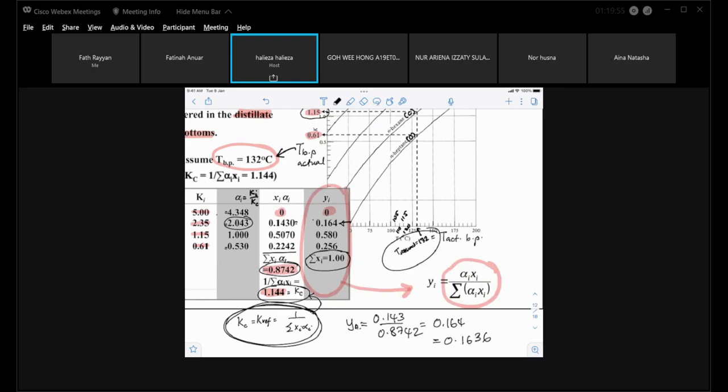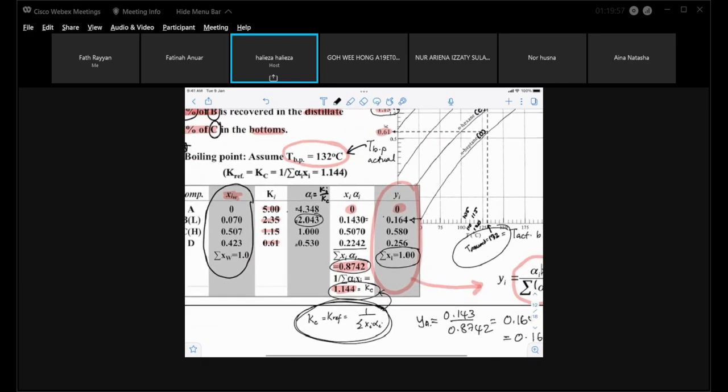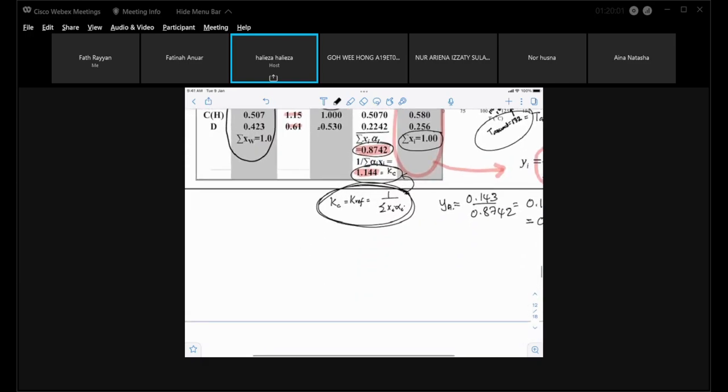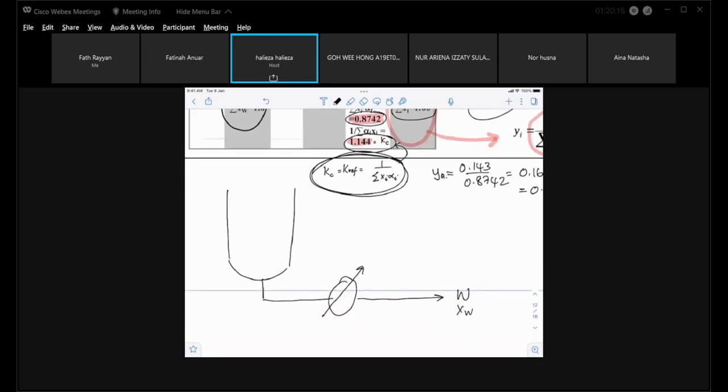Okay, so that Y value is important because it is in equilibrium with your bottom product. When you look at the column, the bottom of the column, this is your reboiler, partial reboiler. This is where your bottom product is coming out, having that composition. Since you have many components, you will have component A, B, C, D, and so forth.